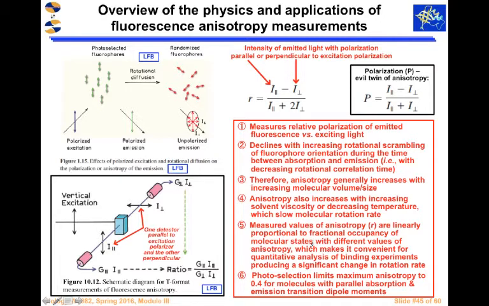Okay, so those are all the big points. If you remember nothing more than that, you're still going to have a reasonable qualitative understanding and memory of what's important about fluorescence anisotropy.